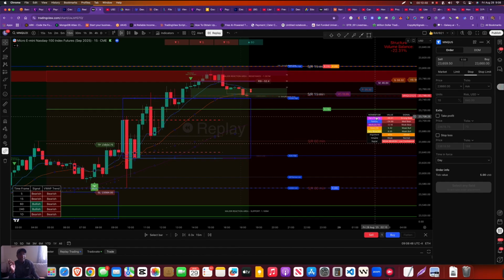On top of that, this is where the AI really shines. It's this momentum box. Again, I made this myself using AI reasoning.